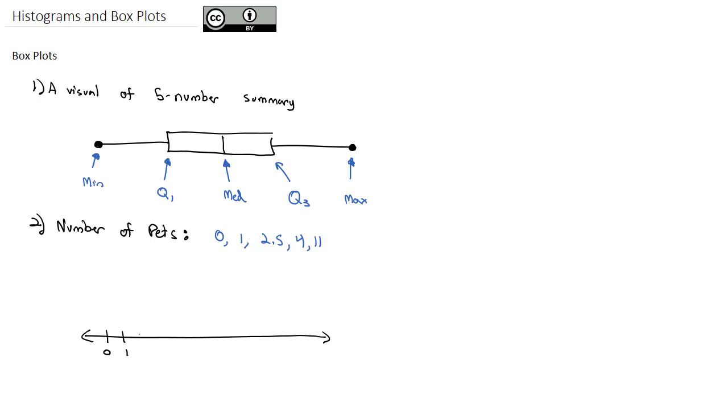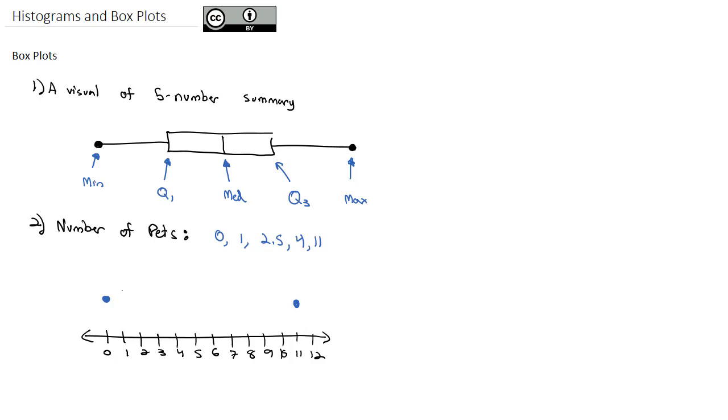So we'll start at 0, and we'll go 1, 2, 3, 4, 5, 6, 7, 8, 9, 10, 11, and 12. And then for the lower end of the box at 0, we'll put a dot. And the upper end of the box plot at 11, we'll put a dot for the maximum and the minimum values.